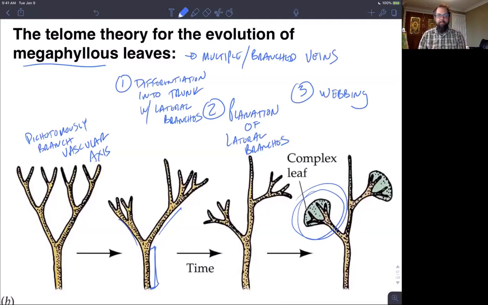We have a complex leaf, or a megaphyllous leaf, a leaf that has multiple branched veins inside of it and flattened, planed-out webbing. That's all the photosynthetic tissue, or the leaf surface. That's our theory for the evolution of leaves. As I mentioned, we actually see these intermediate steps in the fossil record, which is really cool.